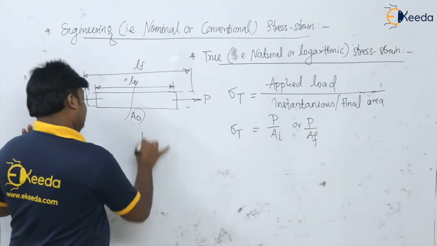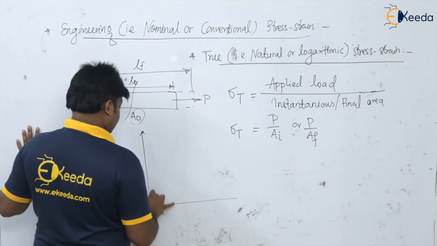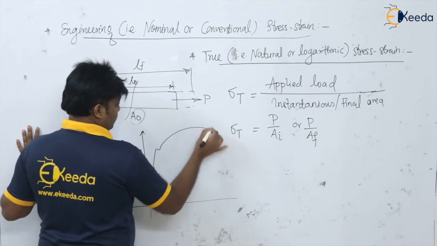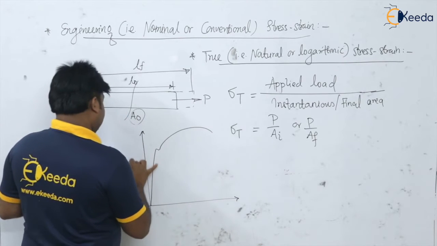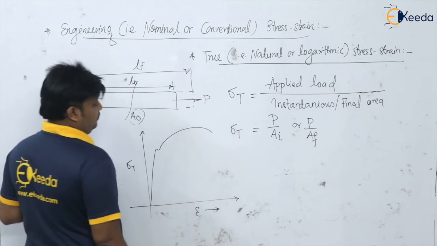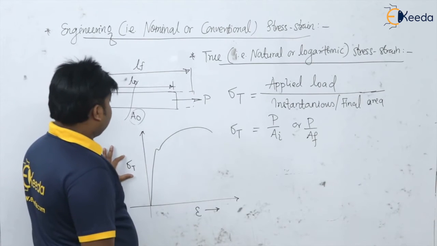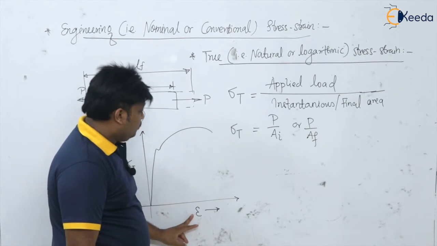If with the stress strain curve, so this is the true stress versus this true strain epsilon. Okay, so this is the sigma t true stress and this is the true strain.